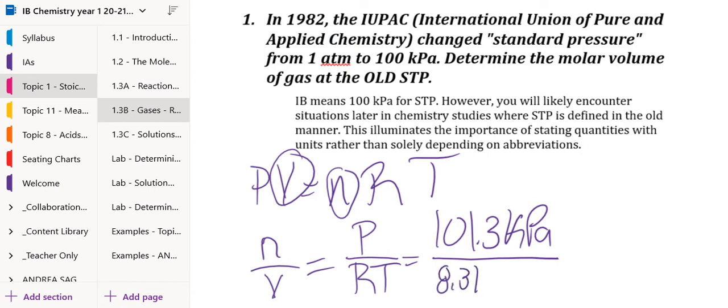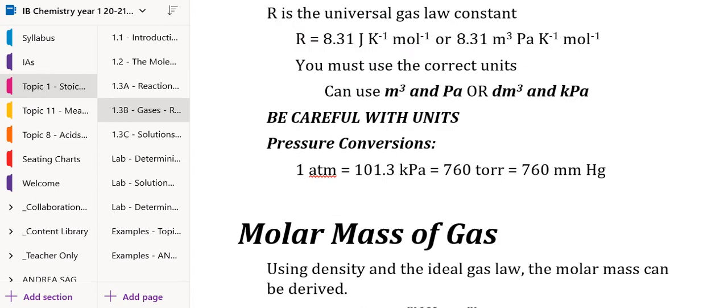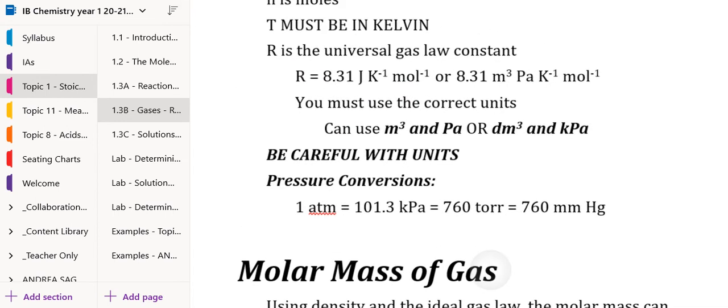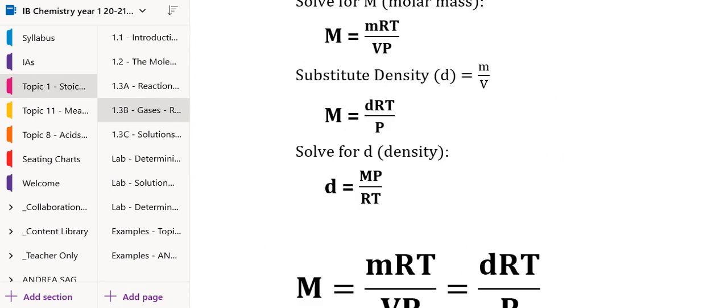And then R, 8.31, right? What are the units for it, though? That's important. So let's scroll up. We're going to use this one. Decimeter cubed times kilopascals over Kelvin times mole.